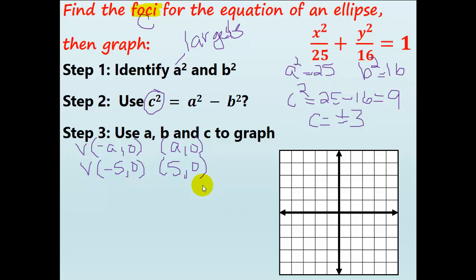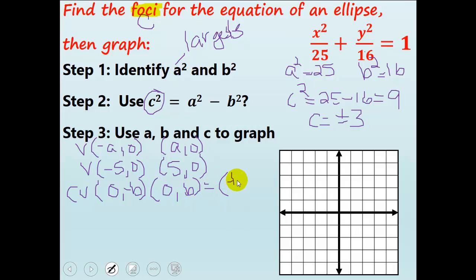My co-vertices are going to come from my b squared. They're going to have to go in the y spot. So I'm just going to abbreviate this as 0 plus or minus the square root of 16 is 4. 0 plus or minus 4.